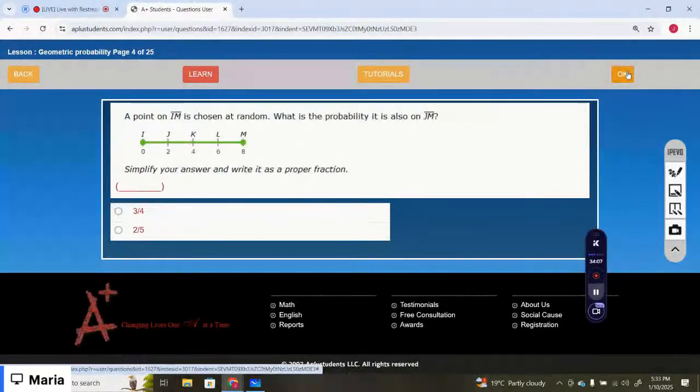A point on JM is chosen at random. What is the probability that it is also on JM? So which is the correct option?